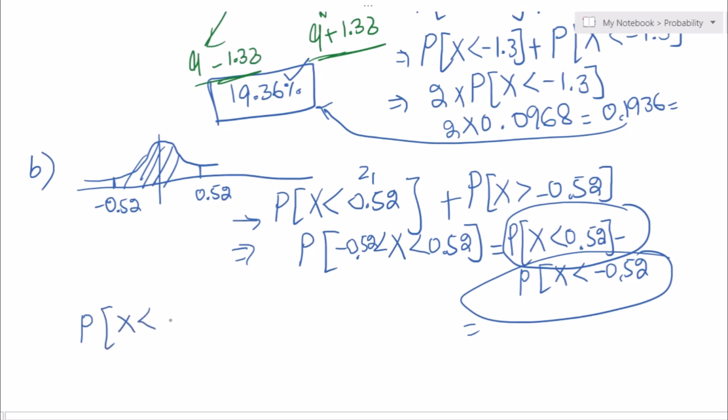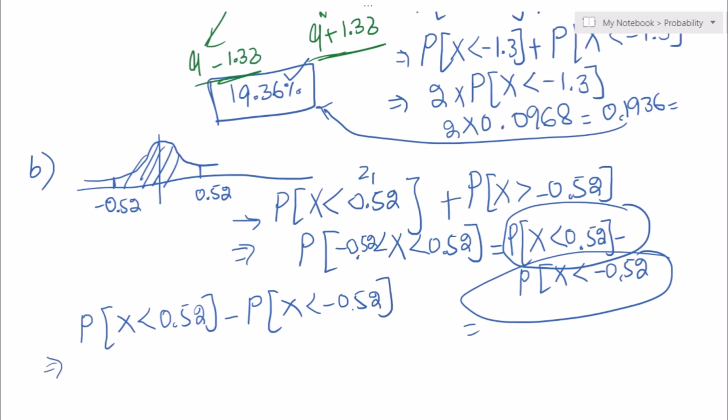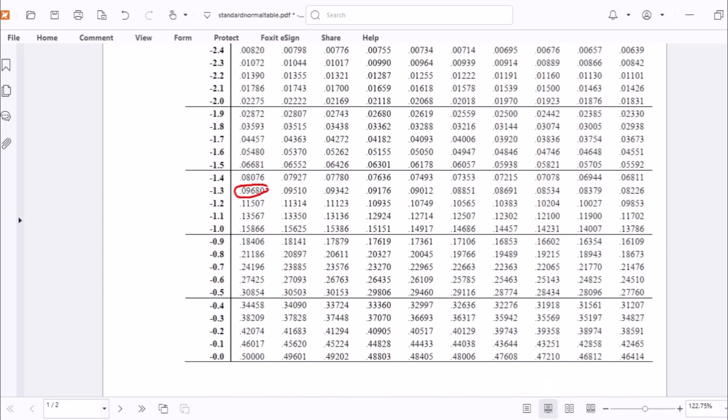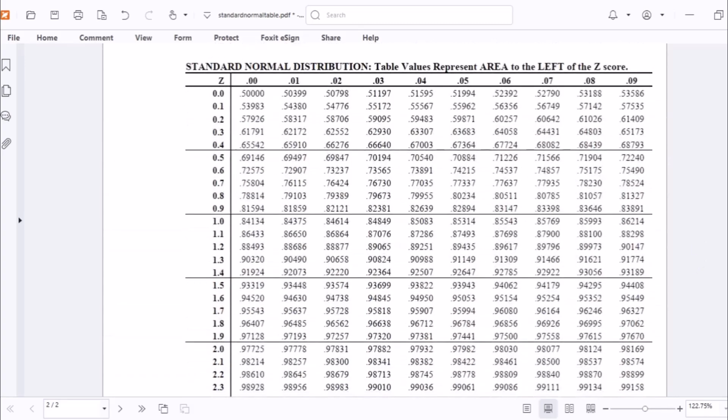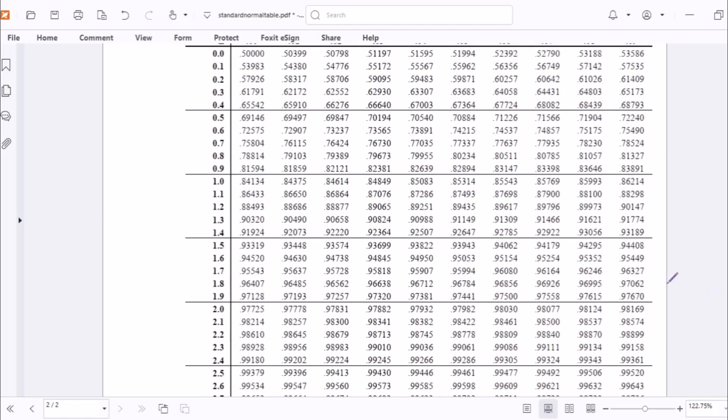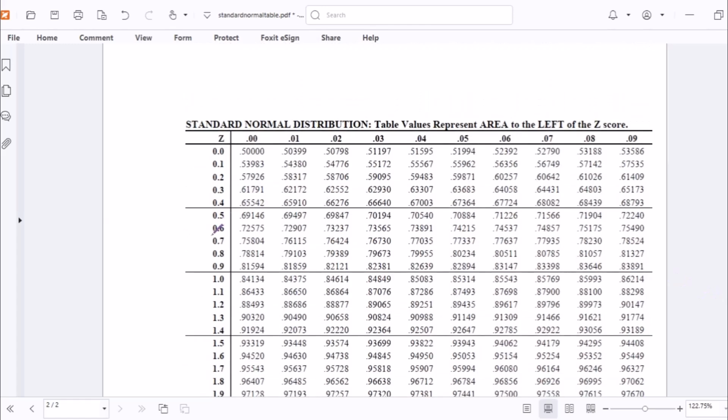Let me find them out by the z distribution table. So first, x is less than 0.52. This is 0.5 and this is 0.52, so 0.6984.